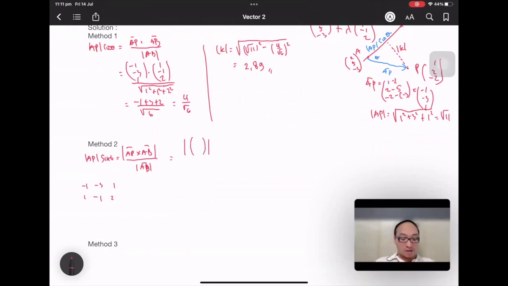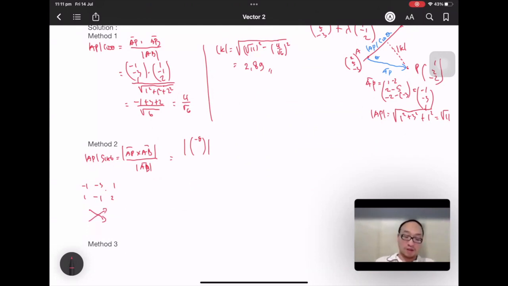So close the first column, yeah, -6, and then minus -1, plus 1. So -5. And then close the second column, it's -2 minus 1. So -3.